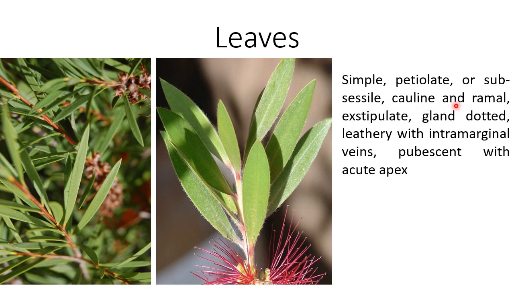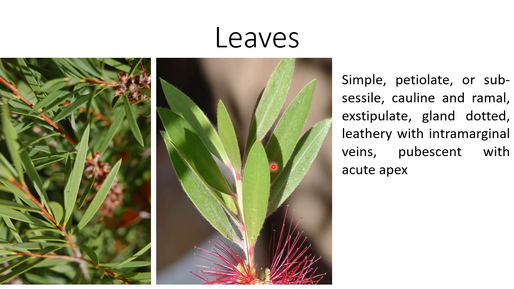It is cauline and ramal because throughout the length of the tree the leaves are present everywhere. Then it is exstipulate. At the base of every leaf there is no leafy outgrowth, the stipule, and hence botanically the term is exstipulate.